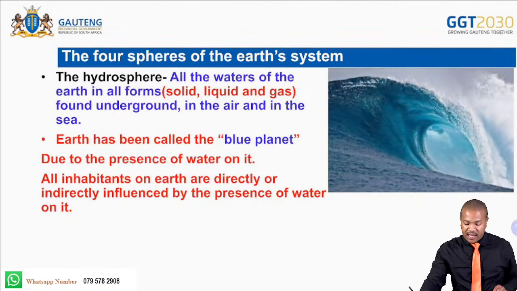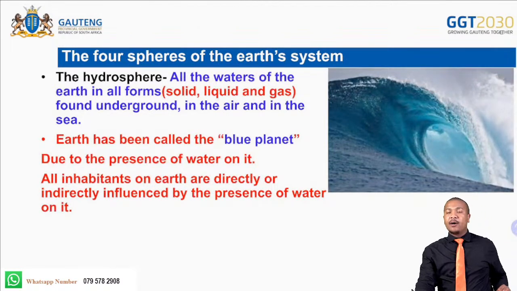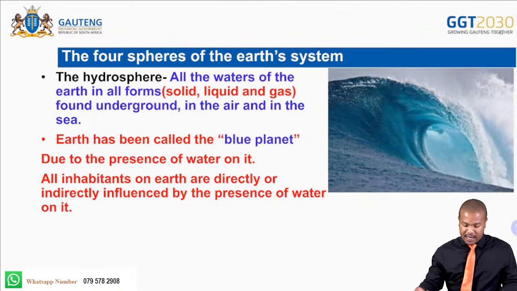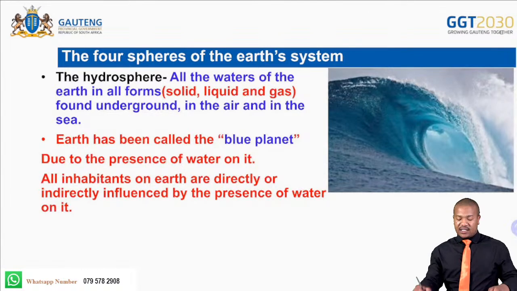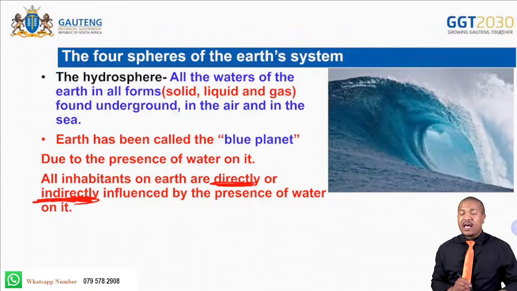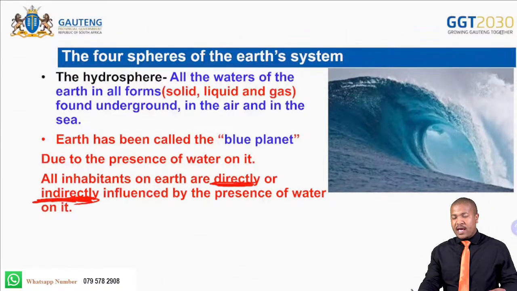So we're talking of all the waters of the earth in all its forms. The earth has been called the blue planet because of the presence of water on it. And all inhabitants on earth, by which we mean you and I and other living organisms, are directly or indirectly dependent on water.